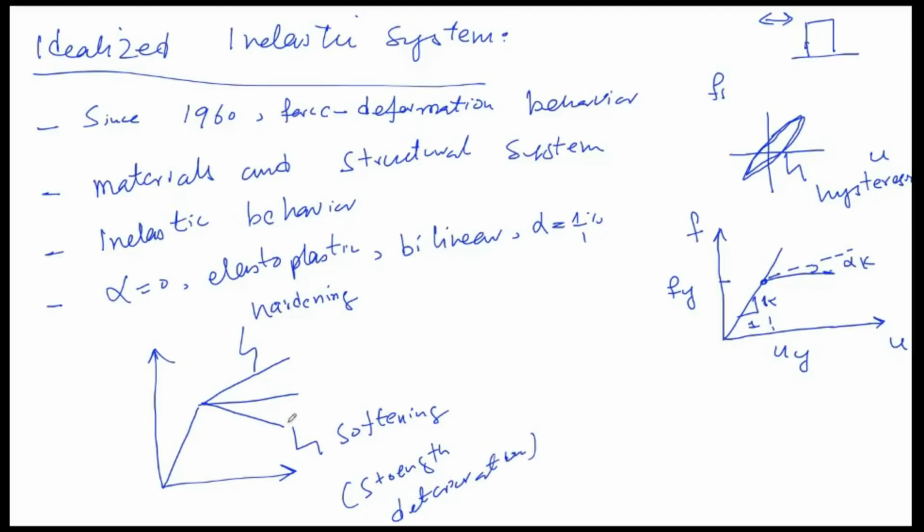Sometimes this kind of behavior also happens because of the P-delta effect. If the gravity load on the structural system is quite large, in that case also the force-deformation behavior can have a branch with a negative slope.